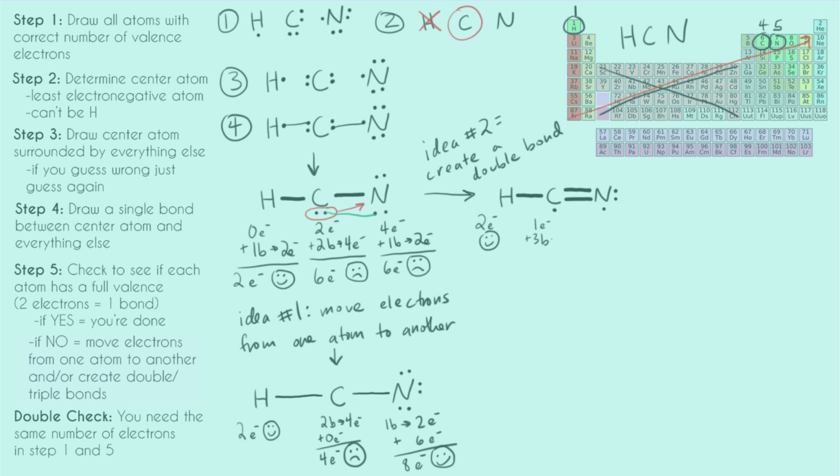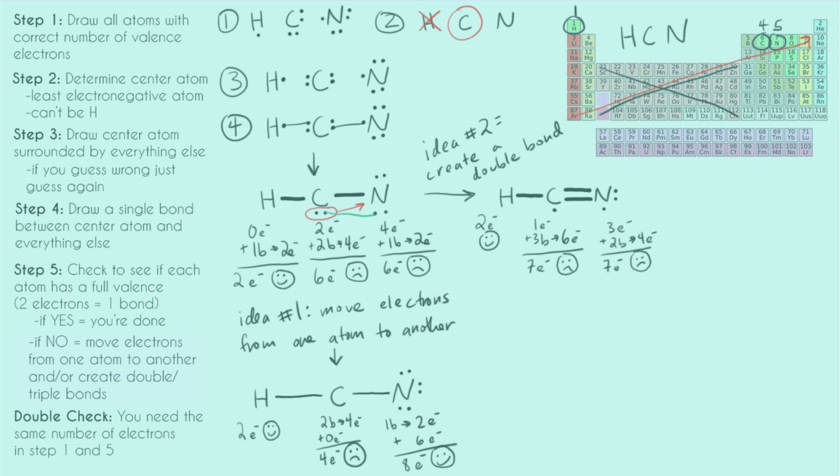Those 3 bonds equal 6 electrons, so this has a total of 7 electrons. So closer, but this is still unhappy. And now nitrogen, it has 3 electrons, and it has 2 bonds, which equals 4 electrons. So this also has a total of 7 electrons. So also unhappy, but now we're closer.